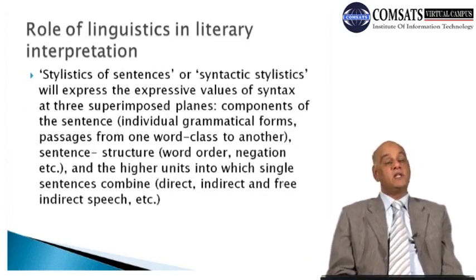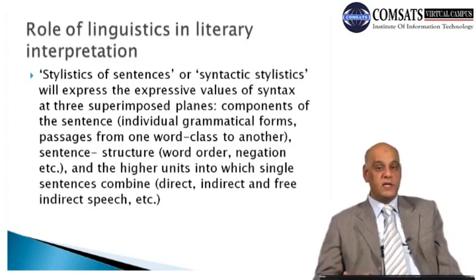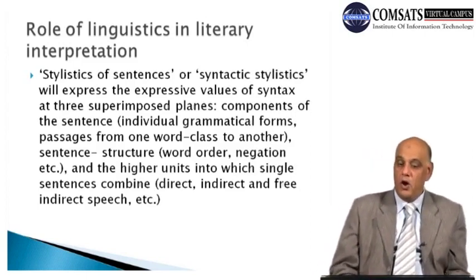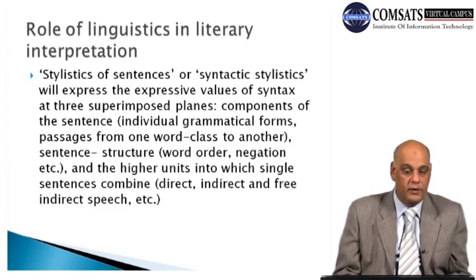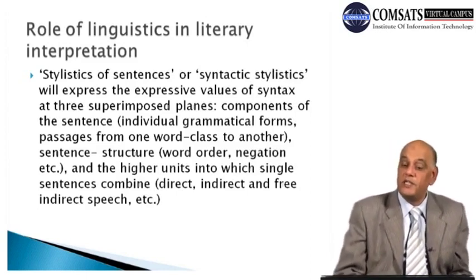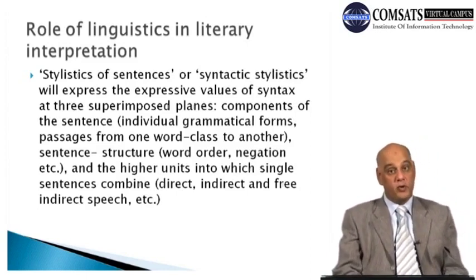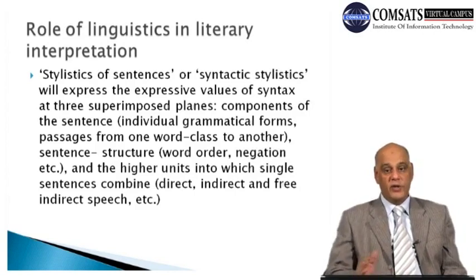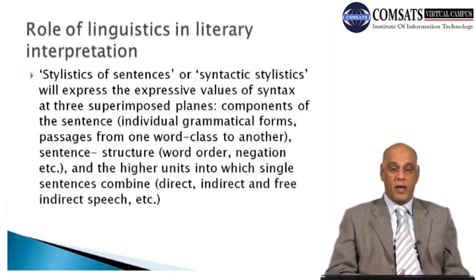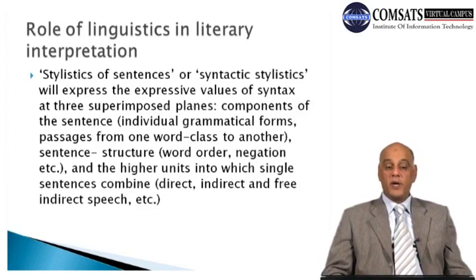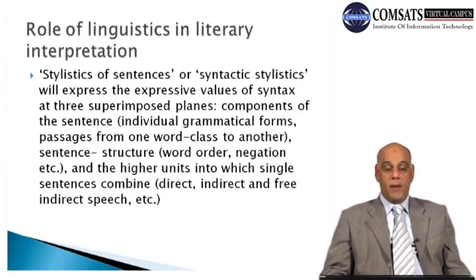Moving on to the stylistics of sentences, how sentences are used to create style, or syntactic stylistics as we call it. That will express the expressive values of syntax at three superimposed planes. What are these three levels, or three overlapping levels sometimes? Number one, components of the sentence: individual grammatical forms, passages from one word class to another.